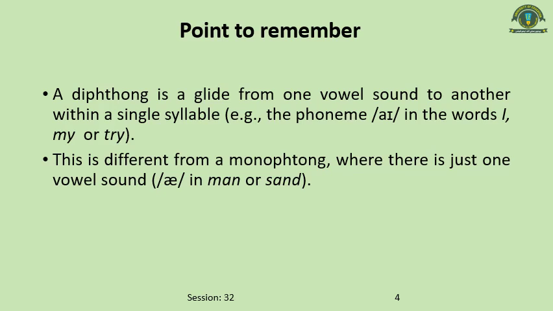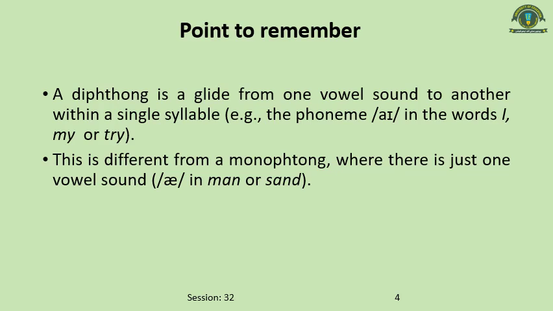I. Now, let's see the second statement. This is different from a monophthong. Is it okay? When you talked about monophthongs, I hope you remember that there is a single sign reserved for one phoneme. And they are not glides.